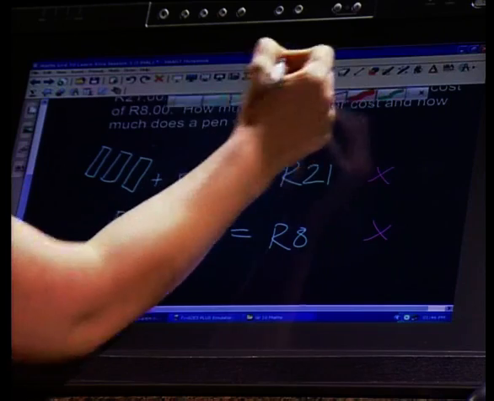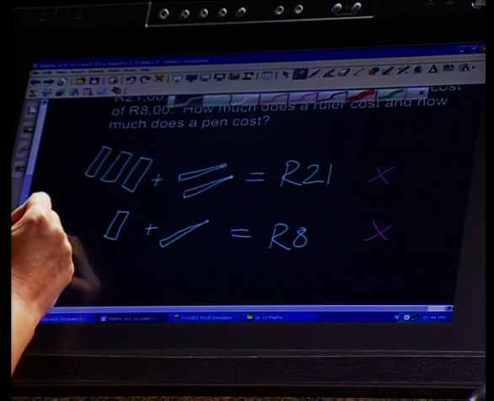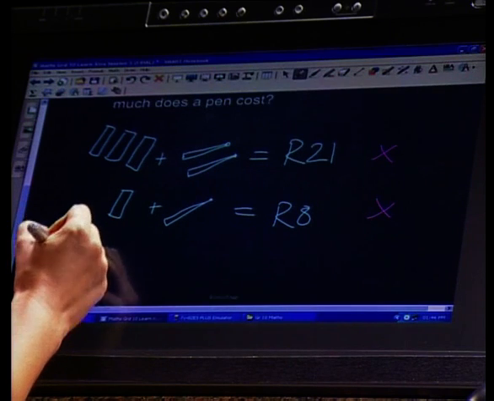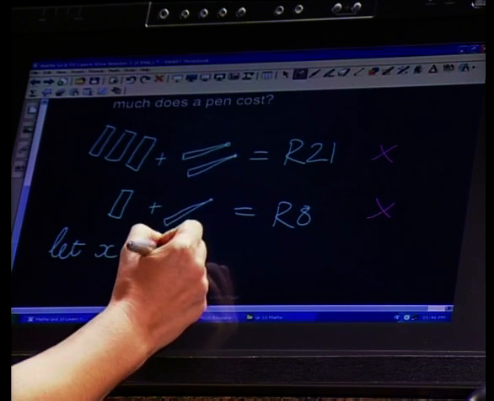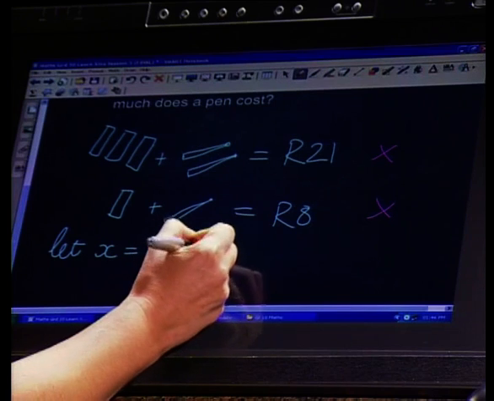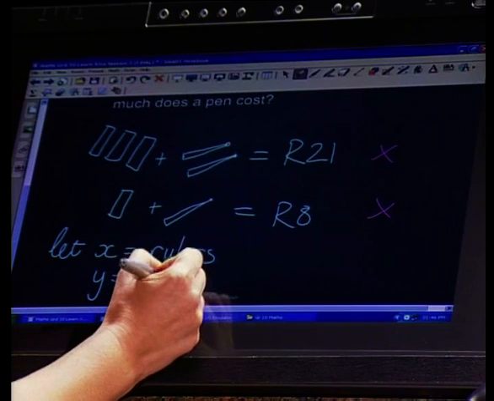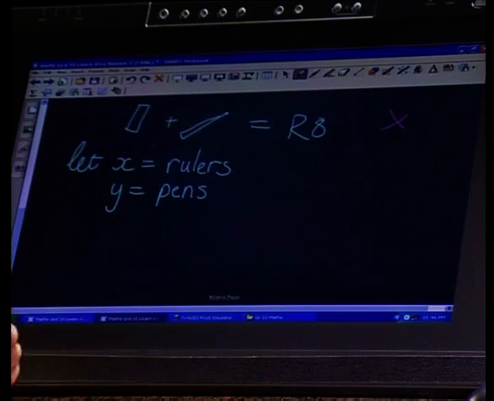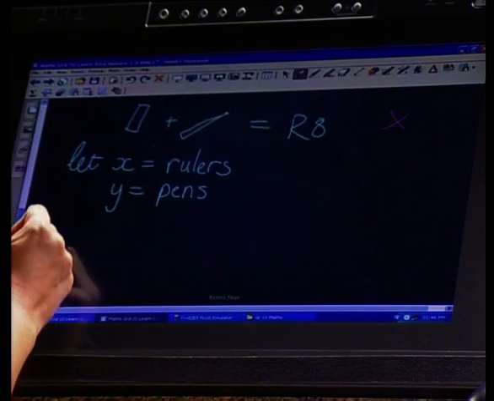So how do I take my understanding of the question and turn it into maths? Let's start by saying let x be the rulers and y be the pens. How does this help me? Well, in the first picture, I've got 3 rulers.